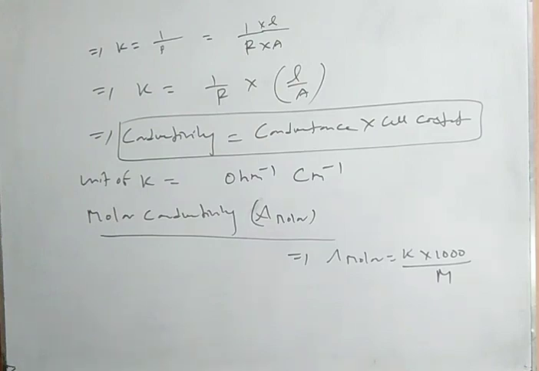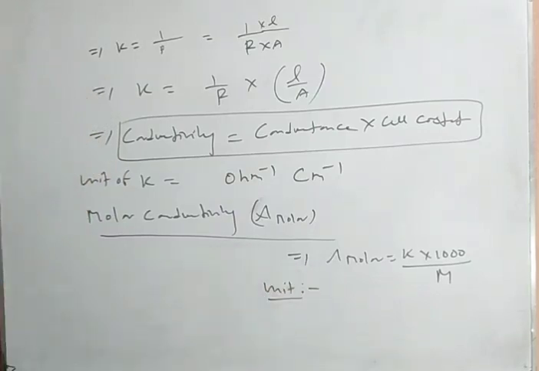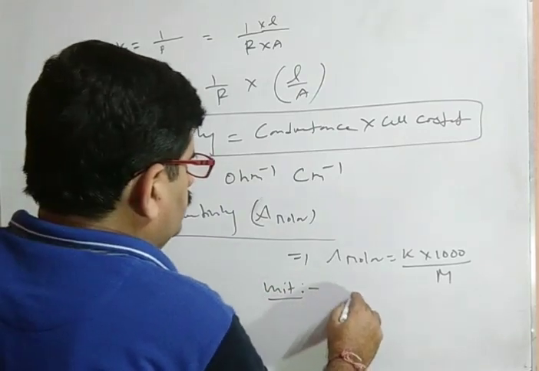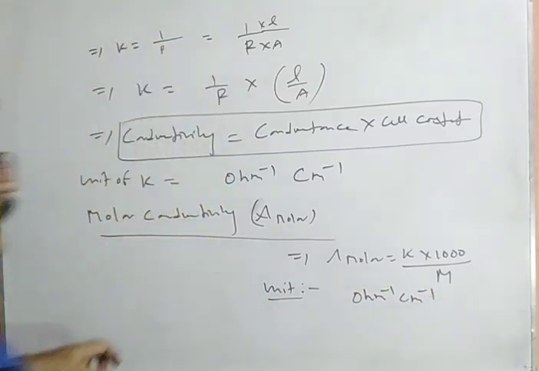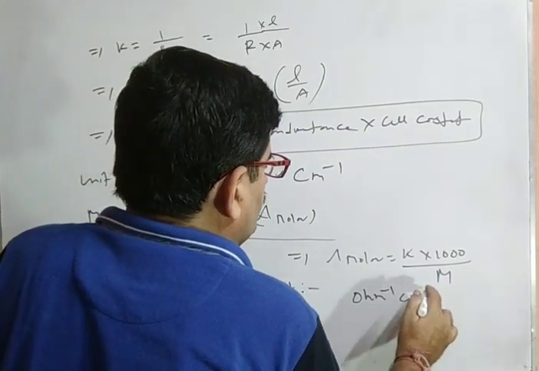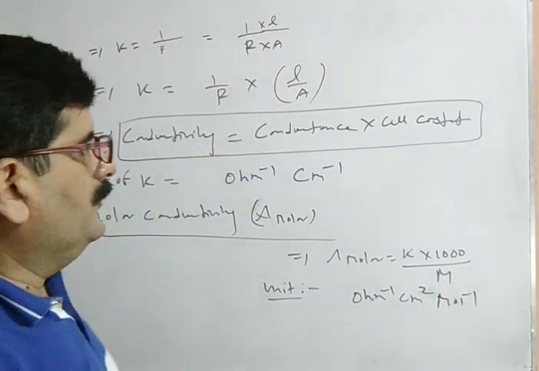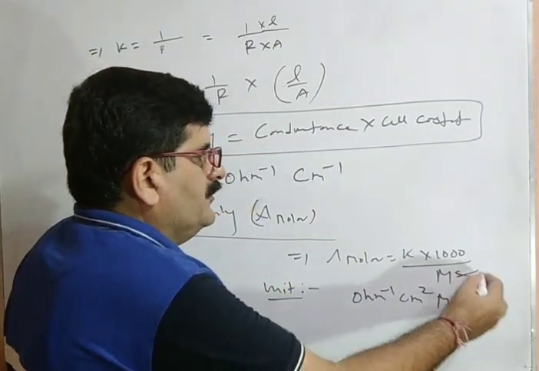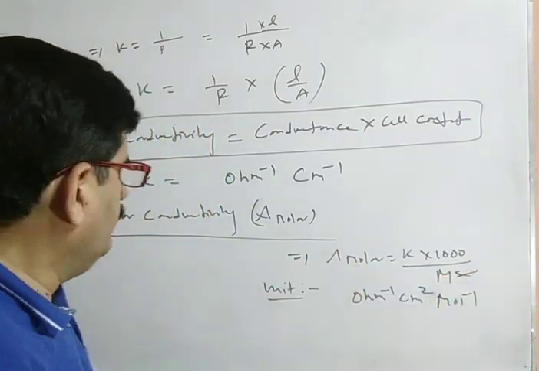Molarity. Unit: we can write ohm inverse centimeter square per mole. When the solution becomes diluted, molarity decreases, therefore molar conductance increases.